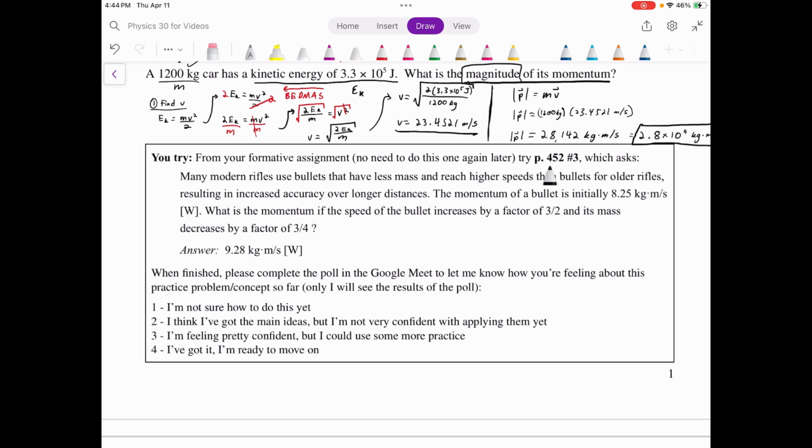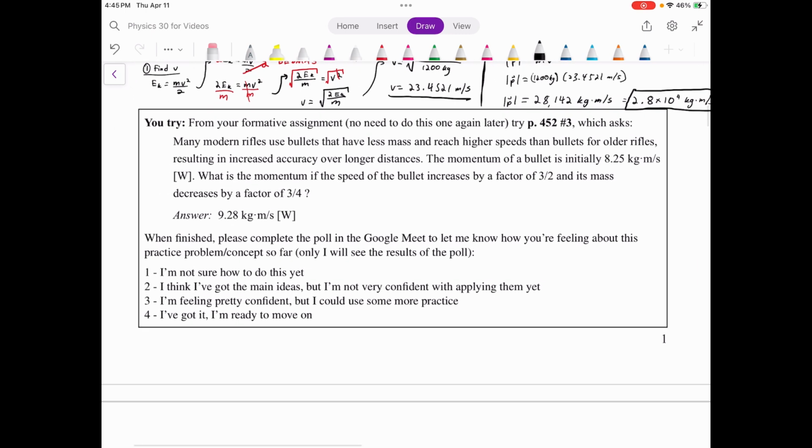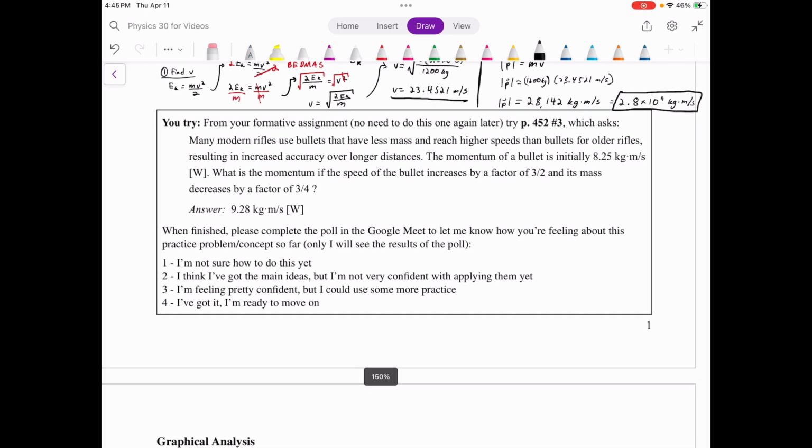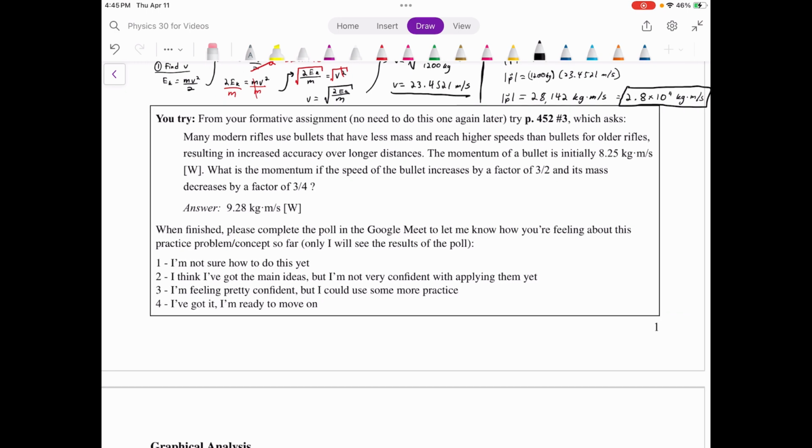If you say, you know what, I could probably do that too, now that I know how to calculate momentum, feel free to try a few. Take a little break from my voice. I know these videos can get kind of long when we're cramming a whole course into a quarter, but at the very least, try this one. See how it goes. If you have any troubles, don't forget to reach out to me, book a meeting, okay? And then we'll continue on with some more examples. But take a little break, try it out while it's fresh in your brain.